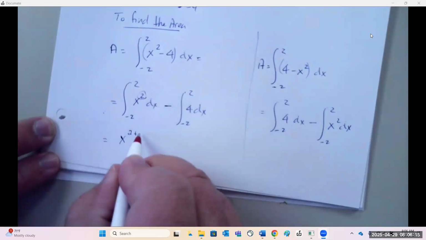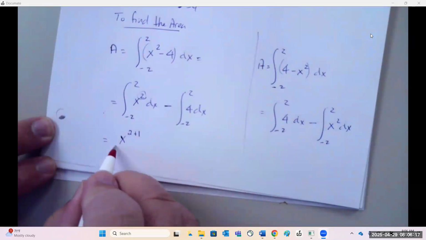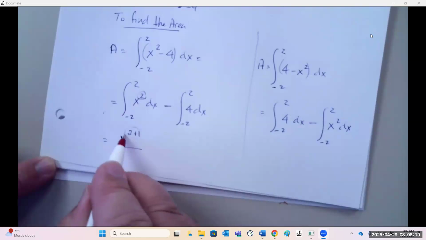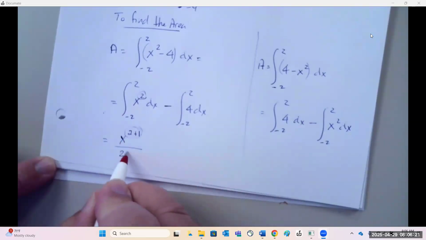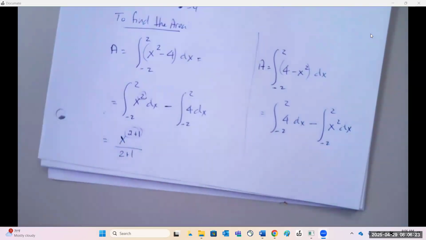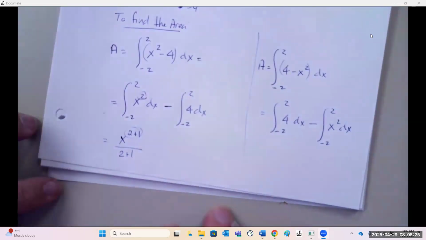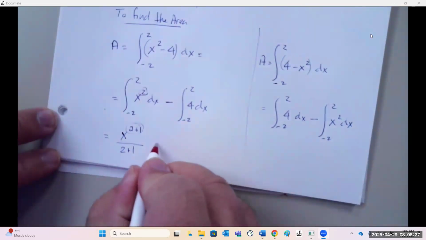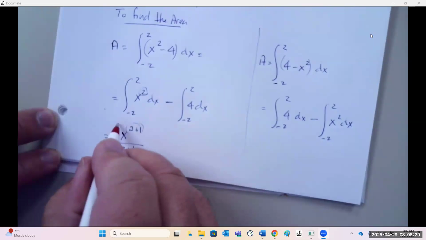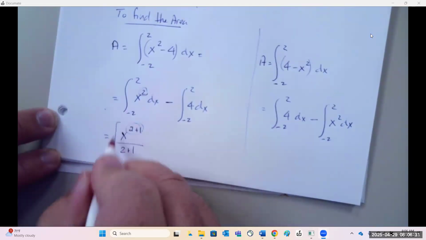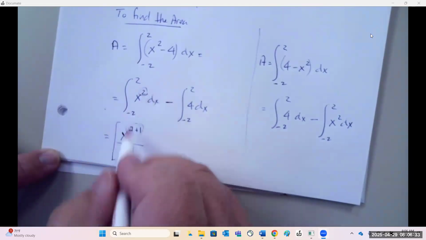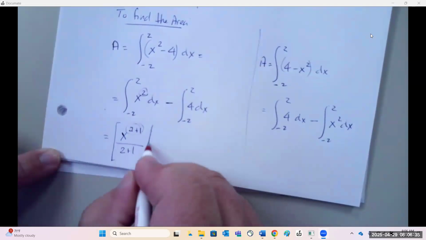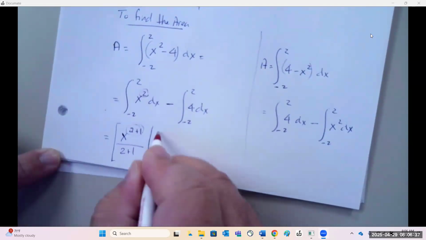Instead of subtracting, we're adding 1, and whatever your exponent is, divide by it. Since we took the integral of this one, now I can take it from -2 to 2.